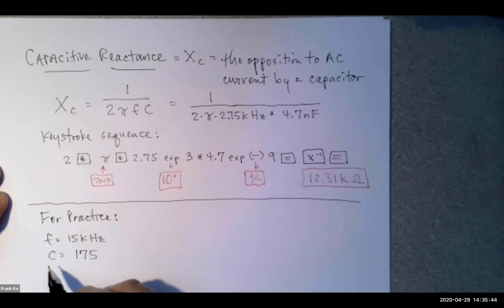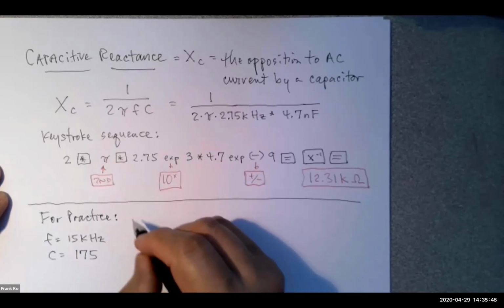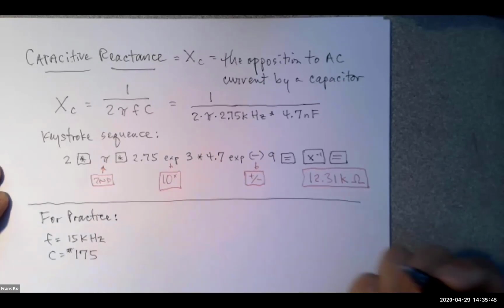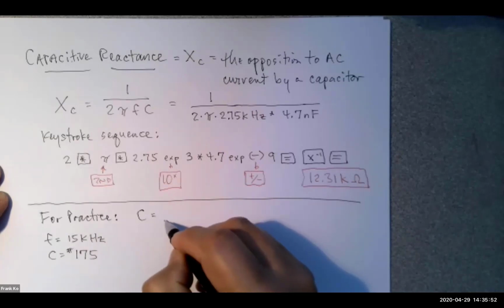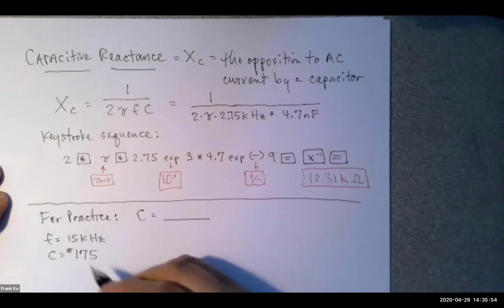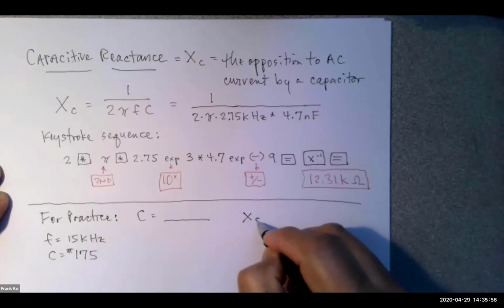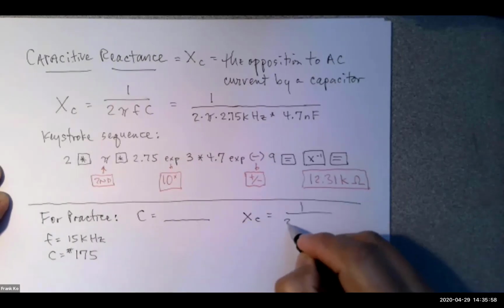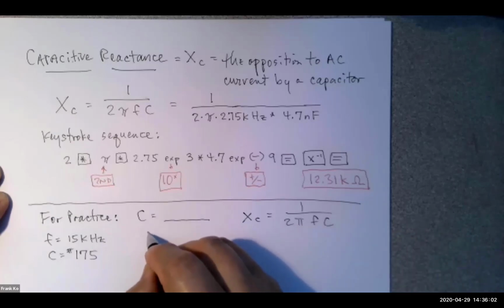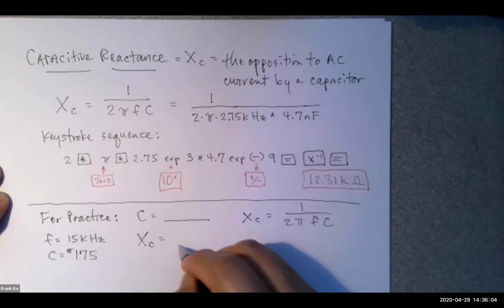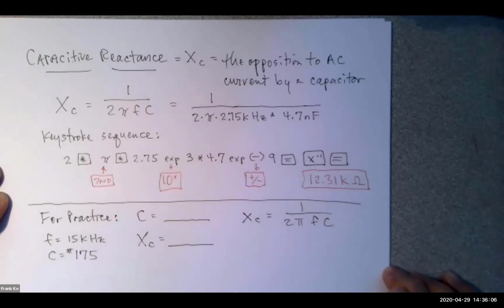Based on this, I am looking for a value of C. Based on the formula, X sub C is equal to 1 over 2 pi F C, I will be looking for an X sub C. So let's go ahead and practice this.